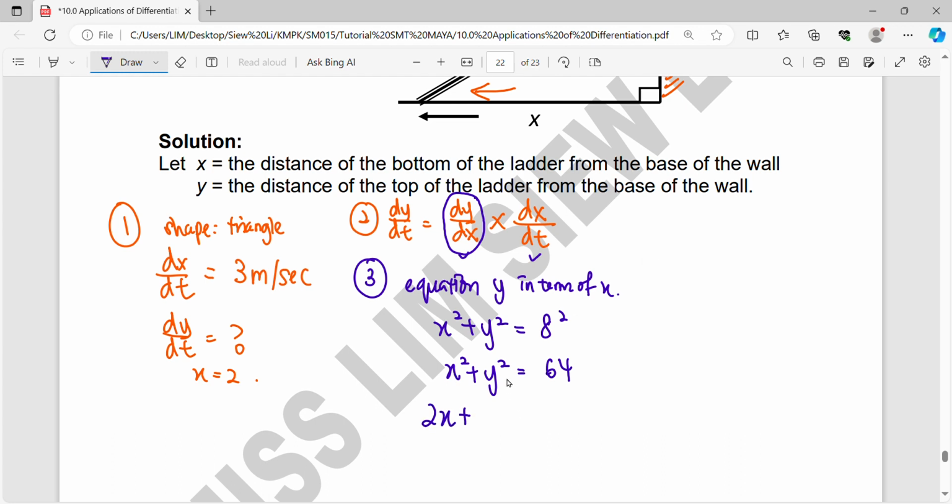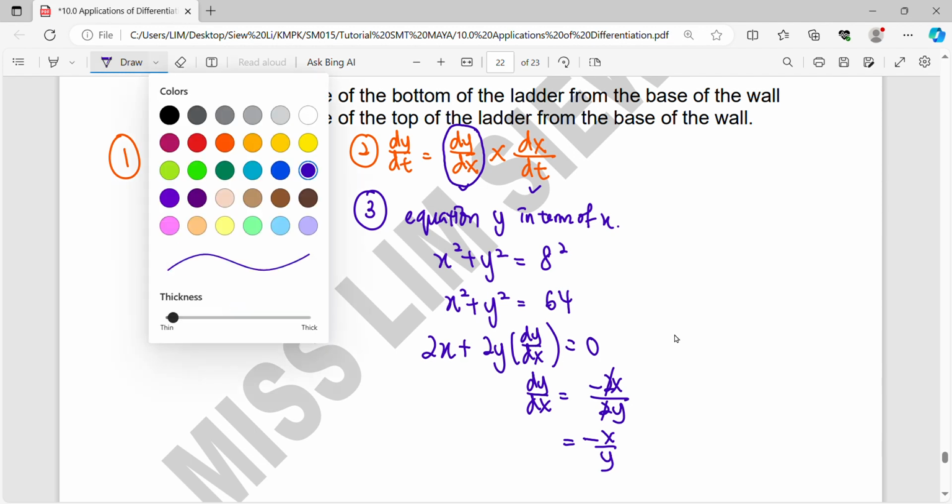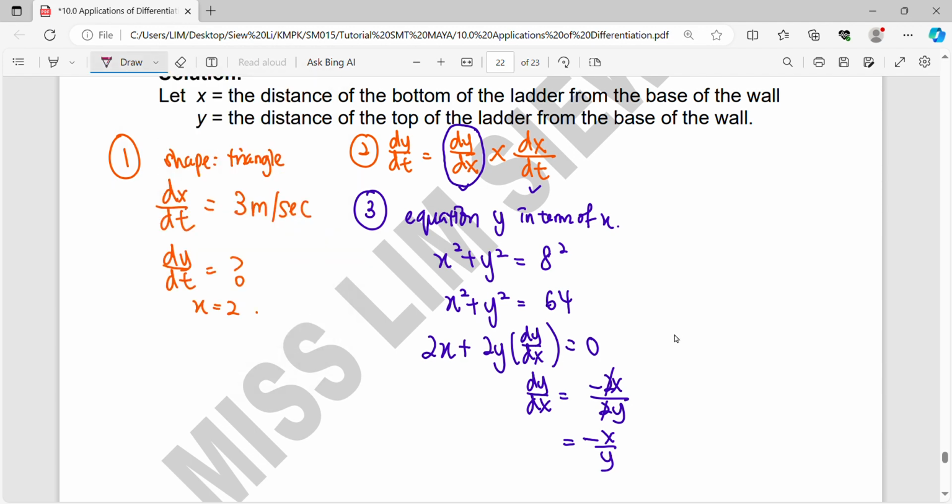For y squared, we also differentiate, but this one gets implicit differentiation, 2y dy/dx. Differentiating a constant, we get 0. Therefore, dy/dx equals negative 2x over 2y, where 2 can be simplified, negative x over y. Lastly, step number 4 is we're going to substitute everything into our chain rule.